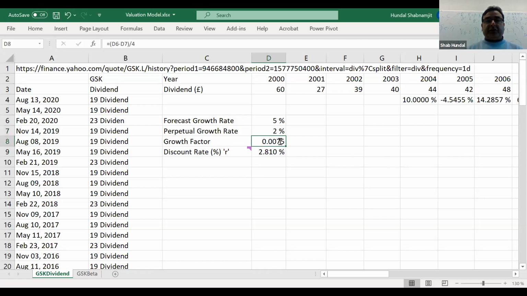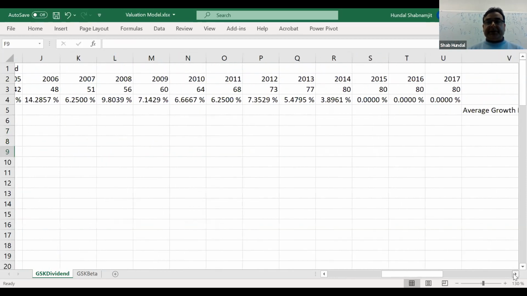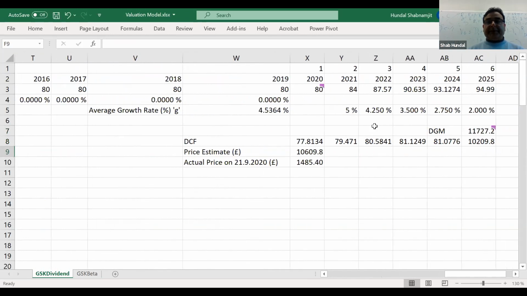And then the growth factor would be, I divide it between 4 years. So eventually, you can see that for the first year I put 5%, but then I reduce it. Can you see that?